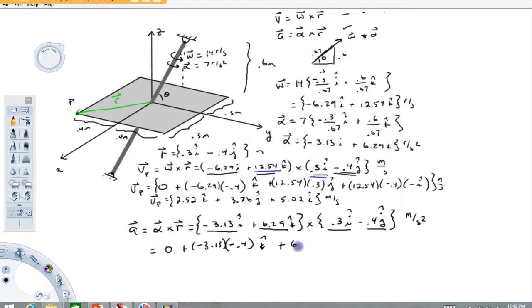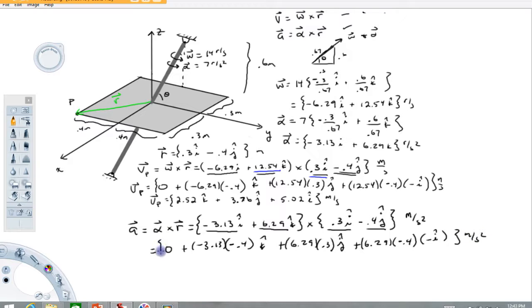That's going to be plus 6.29 times 0.3. The direction is coming from k cross i, which is j. And then we got this guy times this guy, so that's going to be plus 6.29 times minus 0.4. Direction is coming from k cross j, which is minus i. And unit-wise, again, meter over second squared.